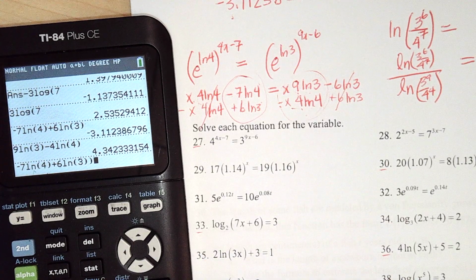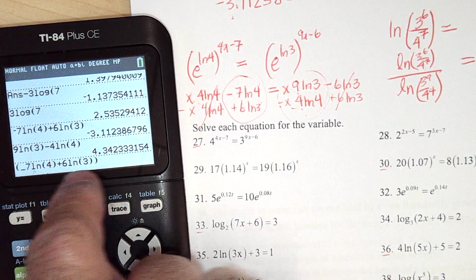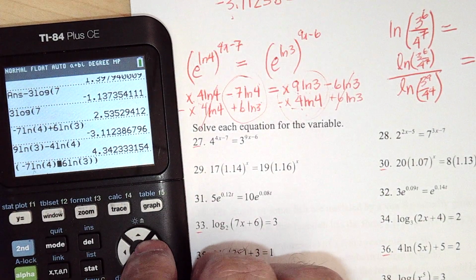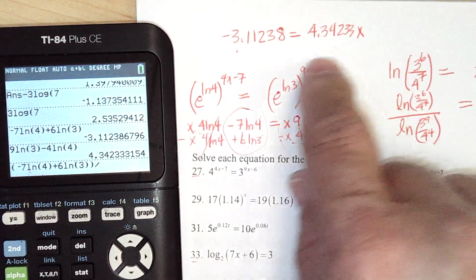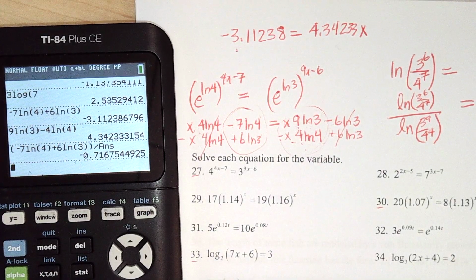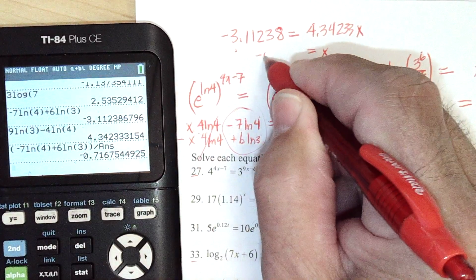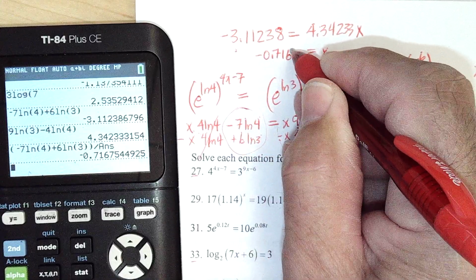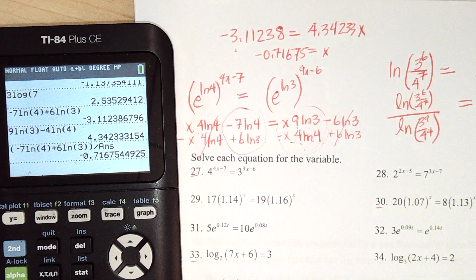That's the previous one. So there's this number. That was this, so I just brought it back. And I have to divide that because I'm going to divide this into that. So divided by my last answer, and I get x to be negative 0.71675.